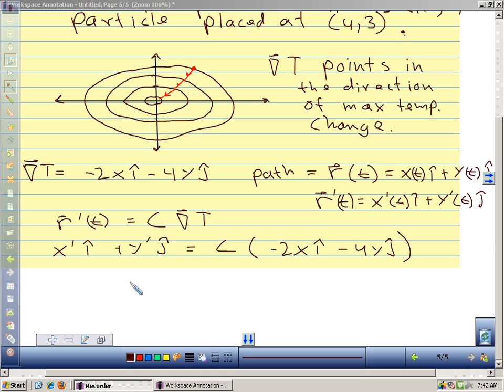This tells us that dx/dt equals minus 2cx, and dy/dt equals minus 4cy. So I'm just equating components here.